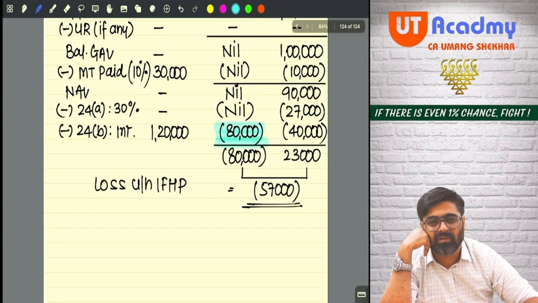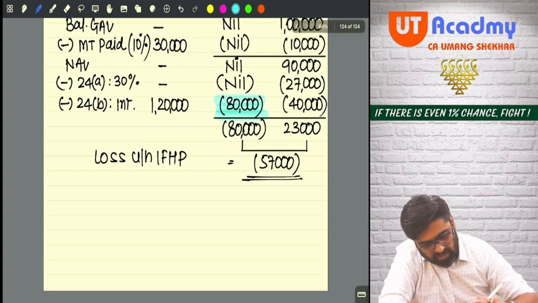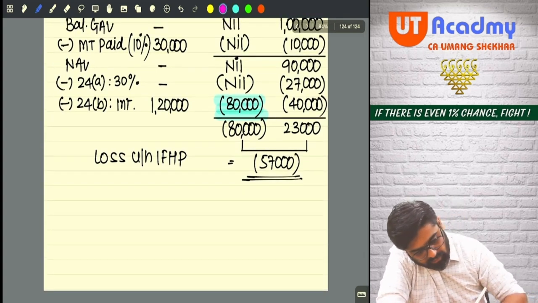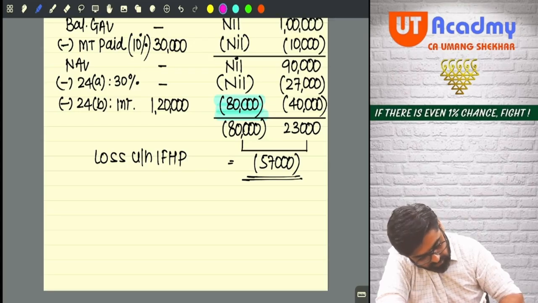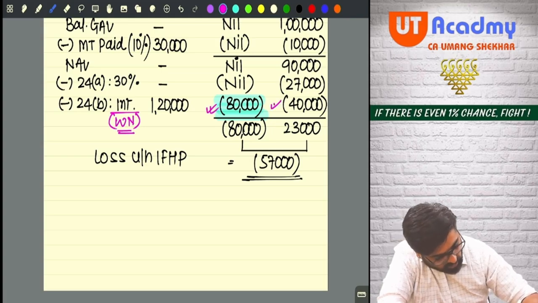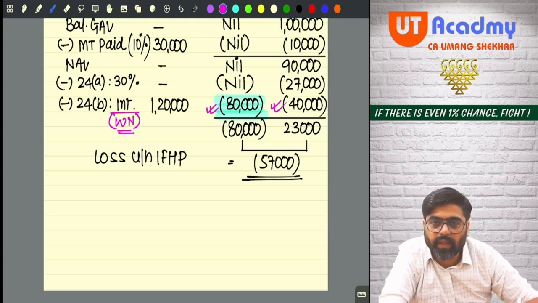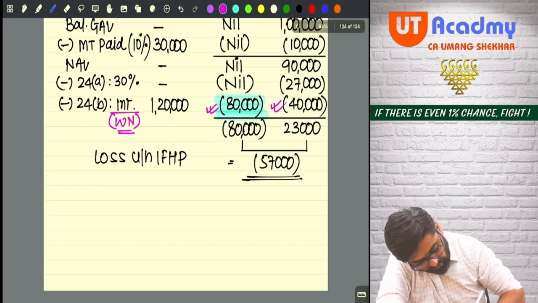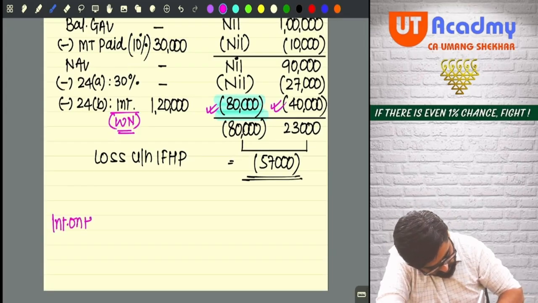Easy or not? But for this interest, now what I will do? I will write here, for this interest, I am making one working note also, so that you understand why this calculation, why this. Done? Pay attention. Interest on housing loan was 1,20,000.